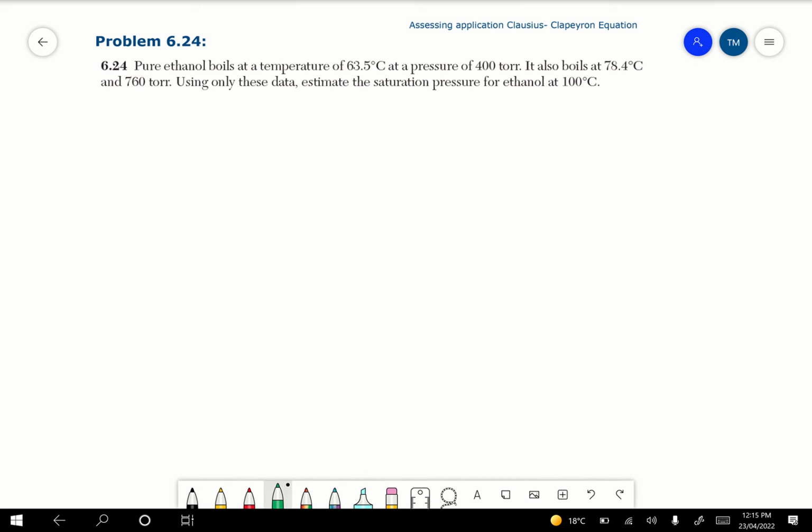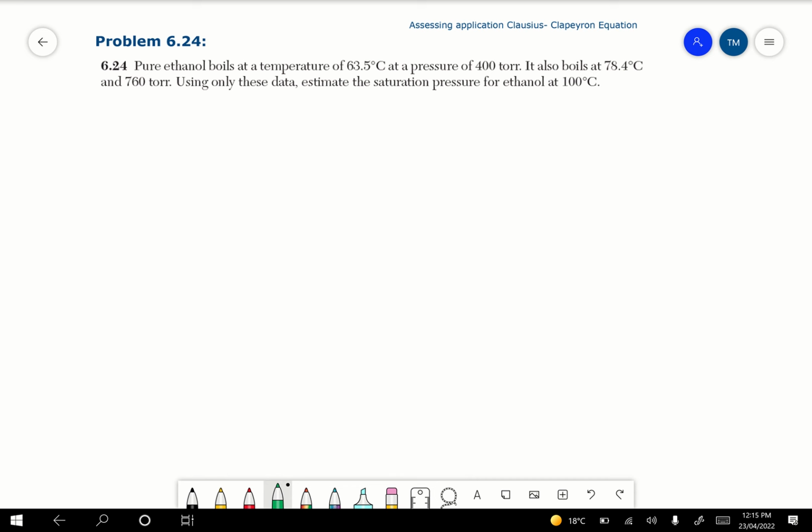So that means in this case we need to apply the Clausius-Clapeyron equation two times. The first time, we will calculate the heat of vaporization, and the second time, we will use that calculated heat of vaporization to calculate P3 sat.